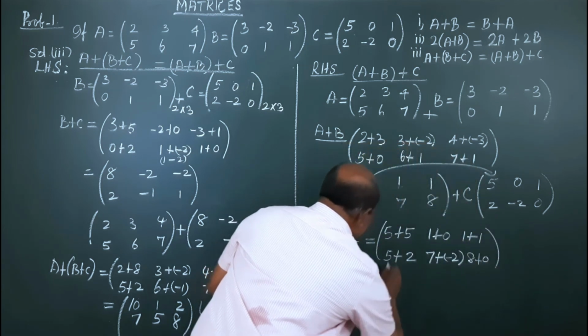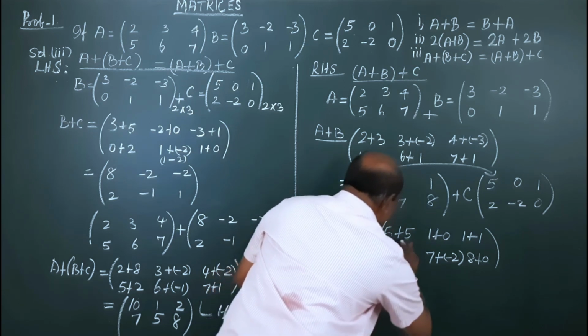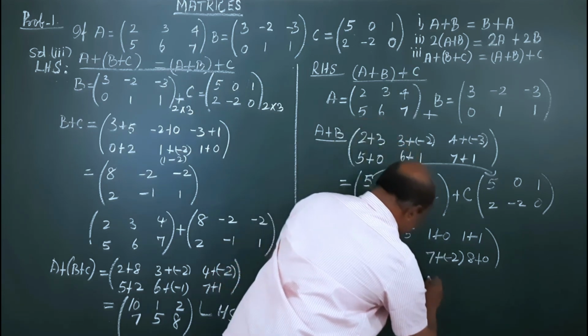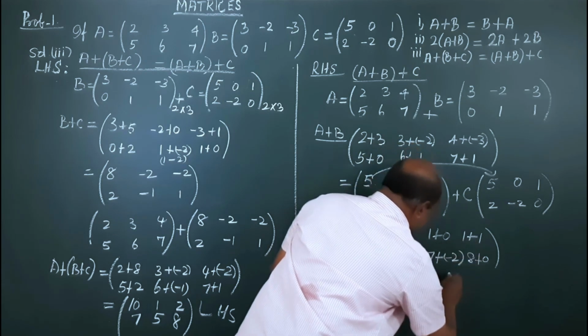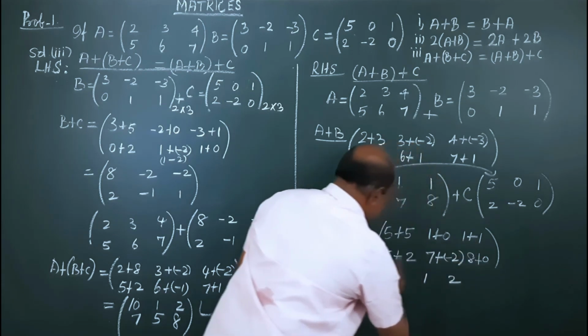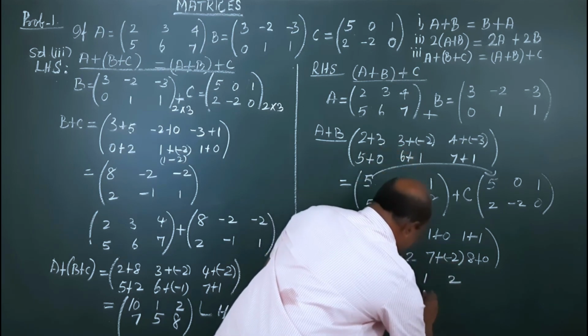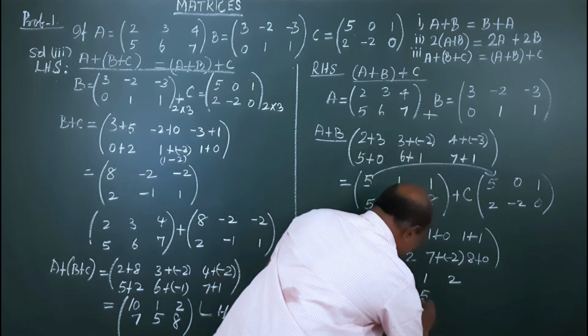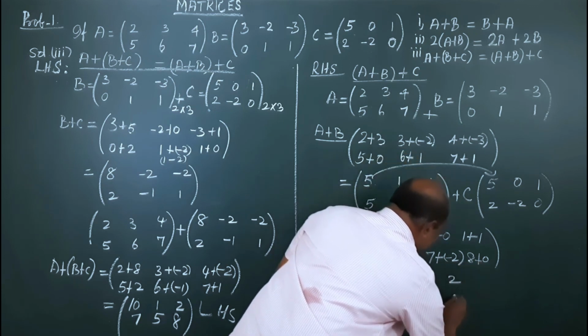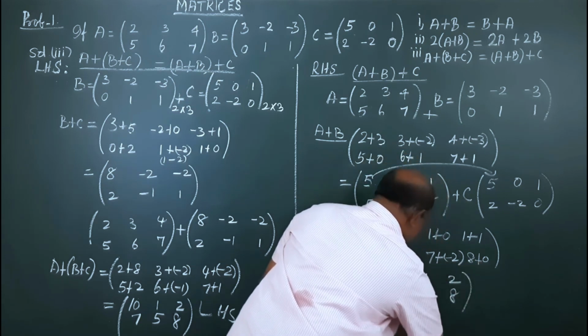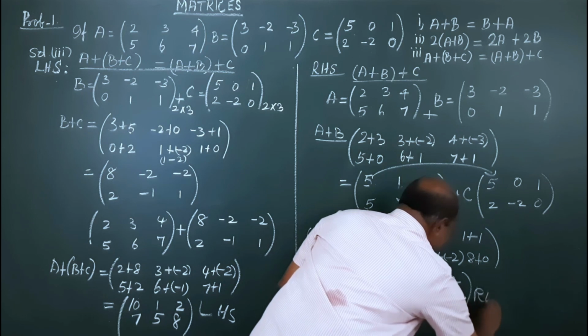It is equal to 10. 5 plus 5, 10. 1 plus 0, 1. 1 plus 1, 2. 5 plus 2, 7. 7 minus 2, 5. 8 plus 0, 8. That is right hand side.